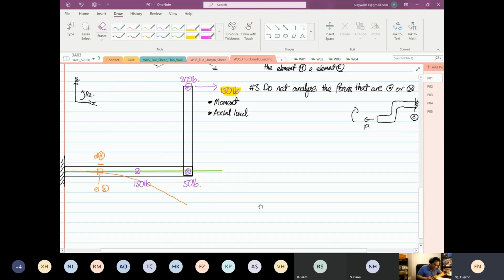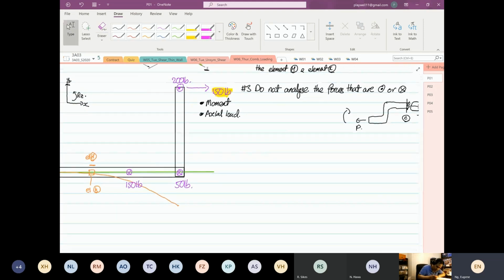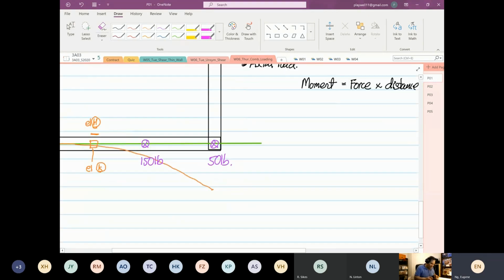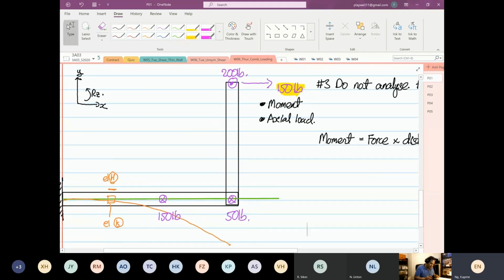Okay. So let's look at the moment first. So the moment is equal to force multiplied by distance. So what is the distance we will use for element H and element K?